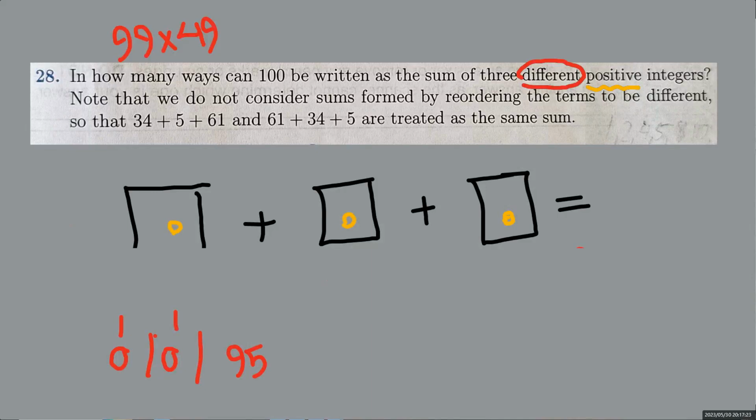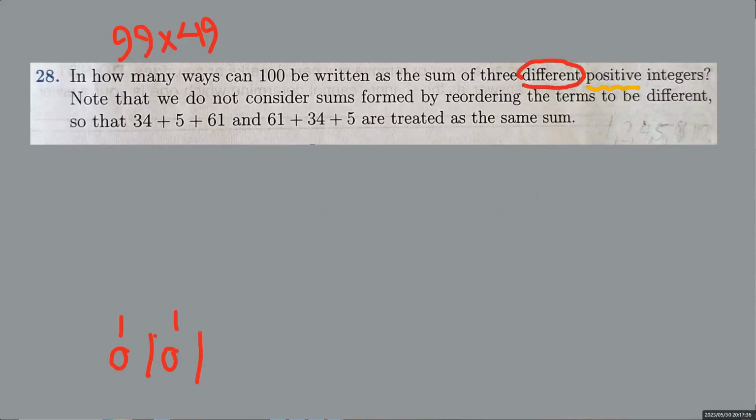How? Make a list. 1, 1, 95. Okay. Or let's do it from here, like all the cases together. So from all of them: 1, 1, 98 is not acceptable for the question. 2, 2, 96 is not acceptable. 3, 3, 94 is not.